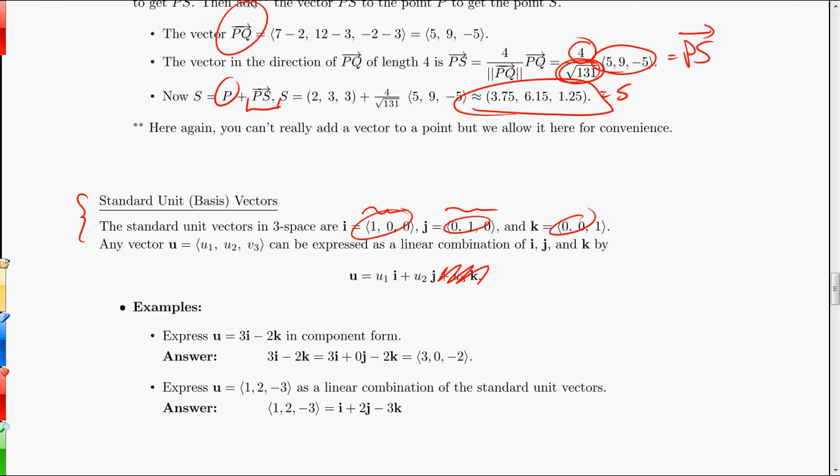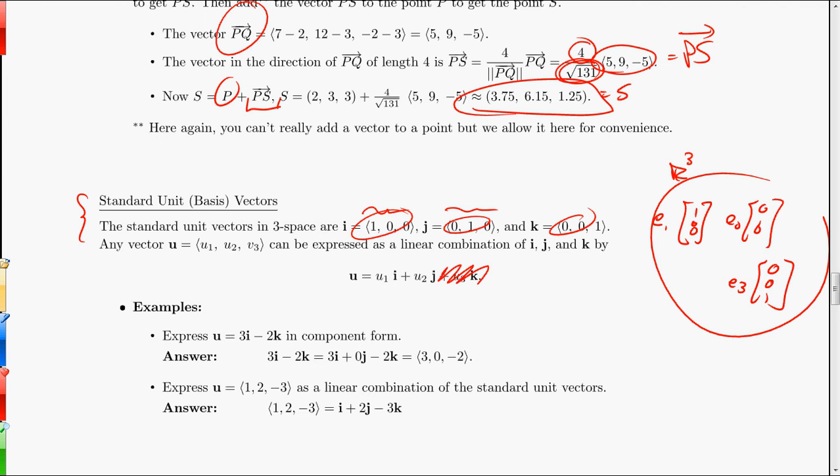If you recall from Chapter 1, when we were in R3, we had e1, which is 1, 0, 0, e2 was 0, 1, 0, and then e3 was 0, 0, 1. It's the same standard unit basis vectors, only we now call them i, j, and k.